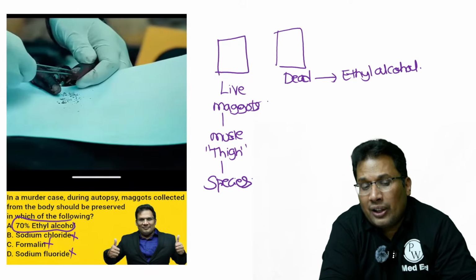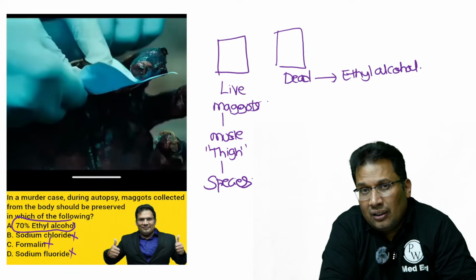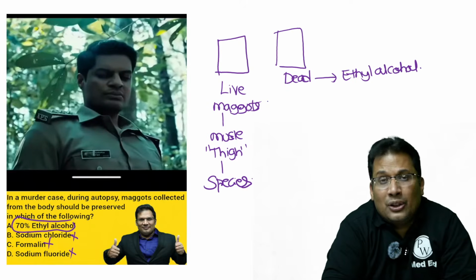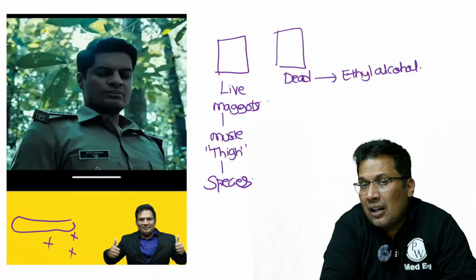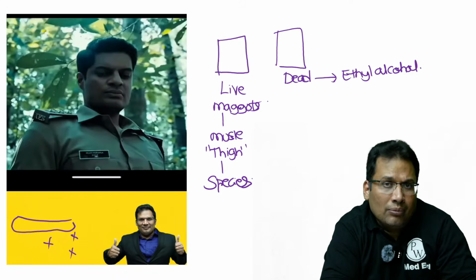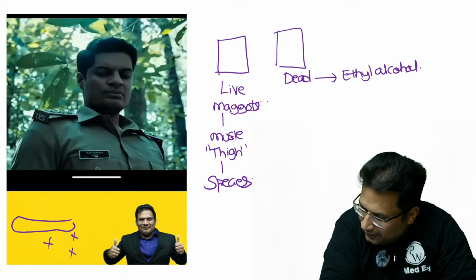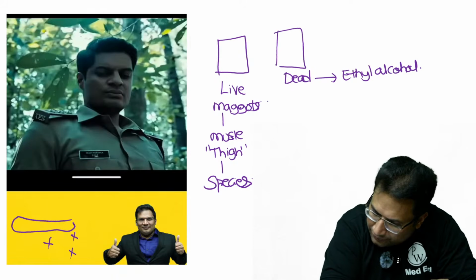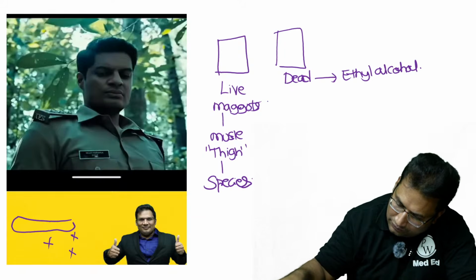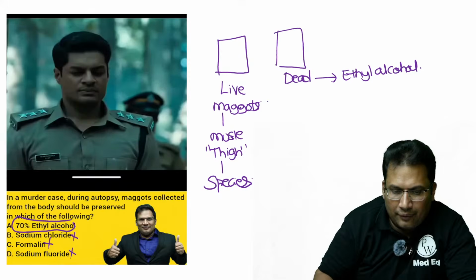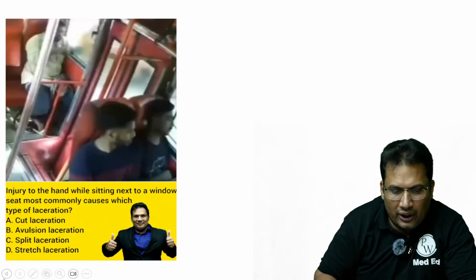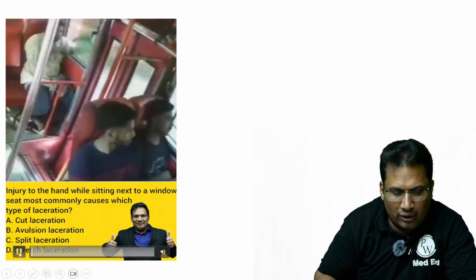One of the very important evidence in estimation of age, estimation of time since death, or sometimes the place of crime, or the poison used in the murder case. Okay, so answer is done. Then now look at this video one more.